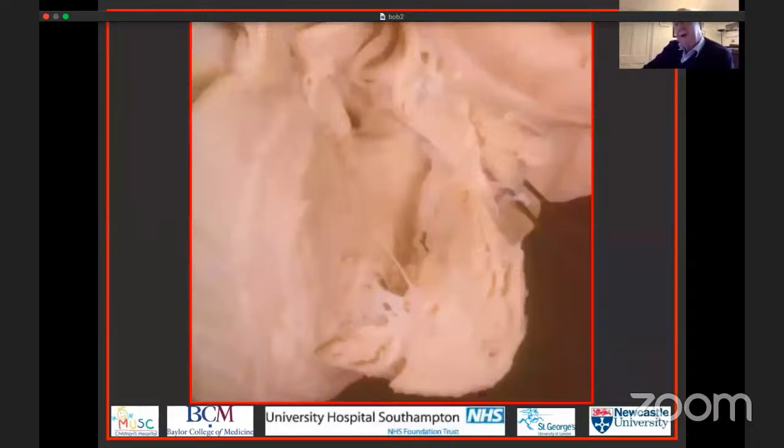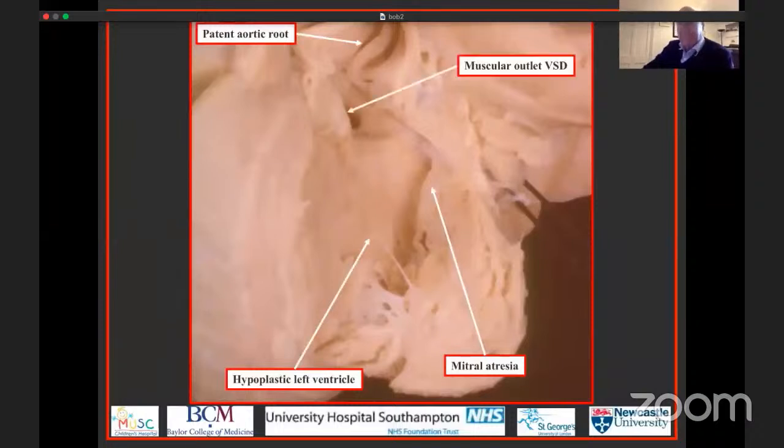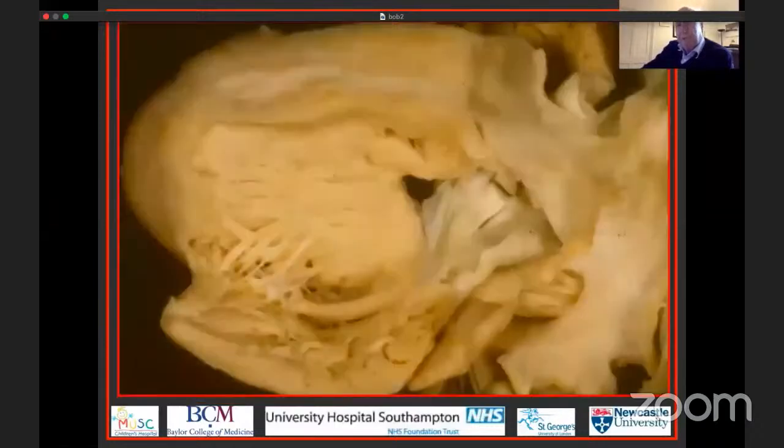But this is another heart from the Pittsburgh archive, which does show you mitral atresia with patent aortic root. There is an imperforate mitral valve. The left ventricle is hypoplastic. In fact, the aortic root is quite well developed, but there is a muscular outlet ventricular septal defect. And this time, the left ventricular morphology is quite different from all the examples that Diane showed you just a few moments ago.